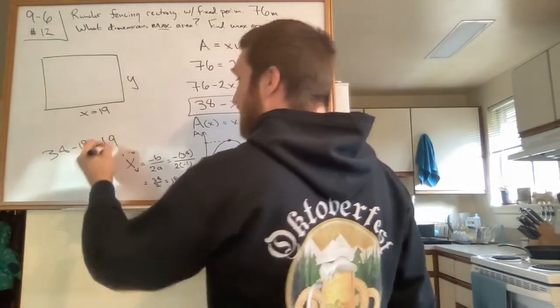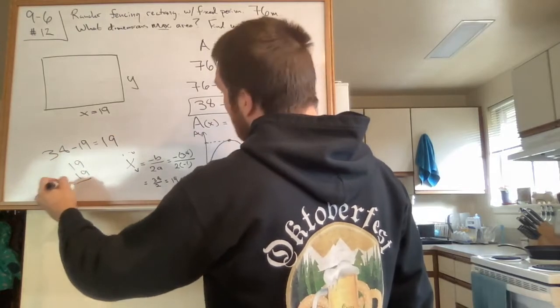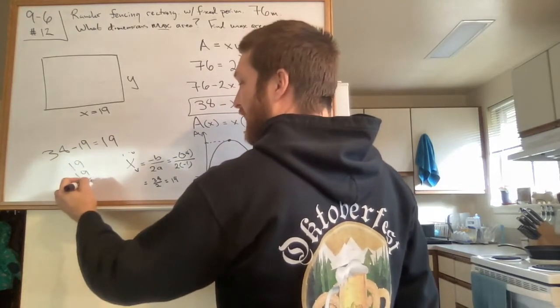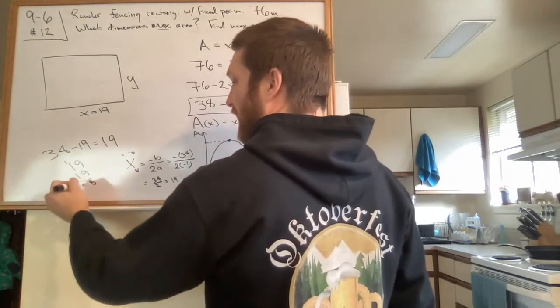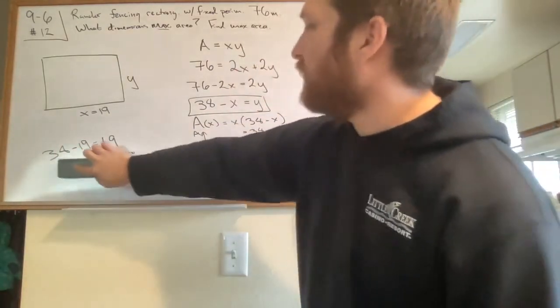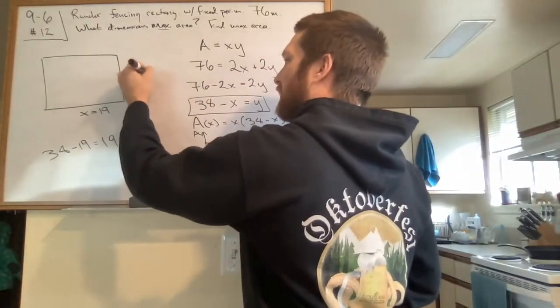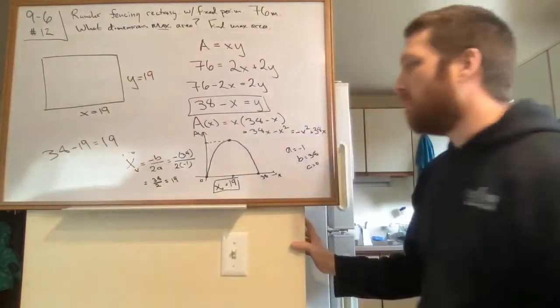Let's double check. 19 plus 19 is 38. Yep, there you go. So 38 minus 19 is equal to 19 right there.